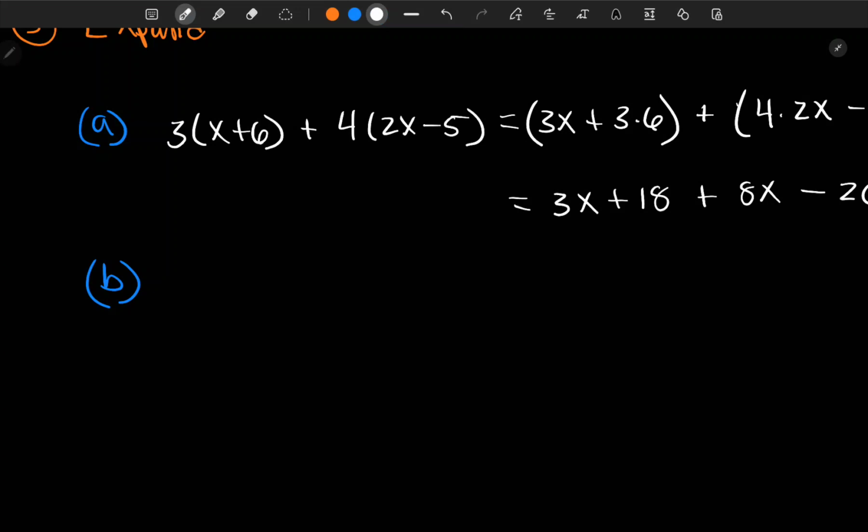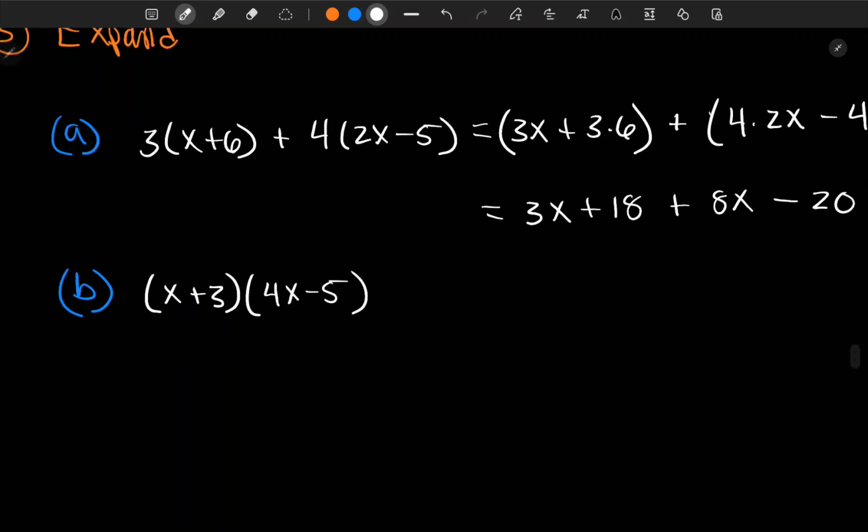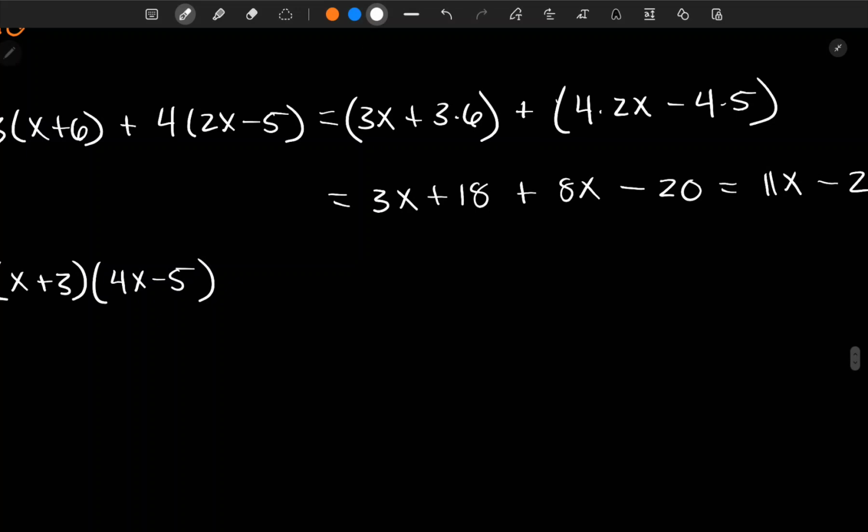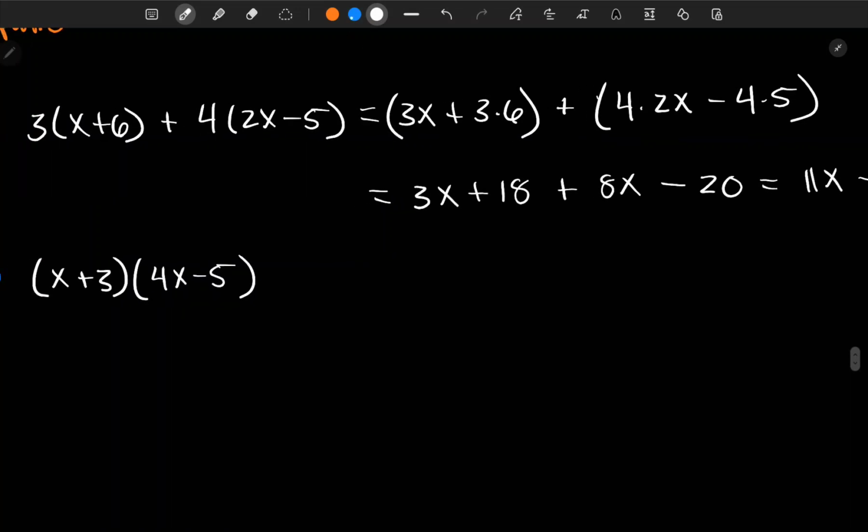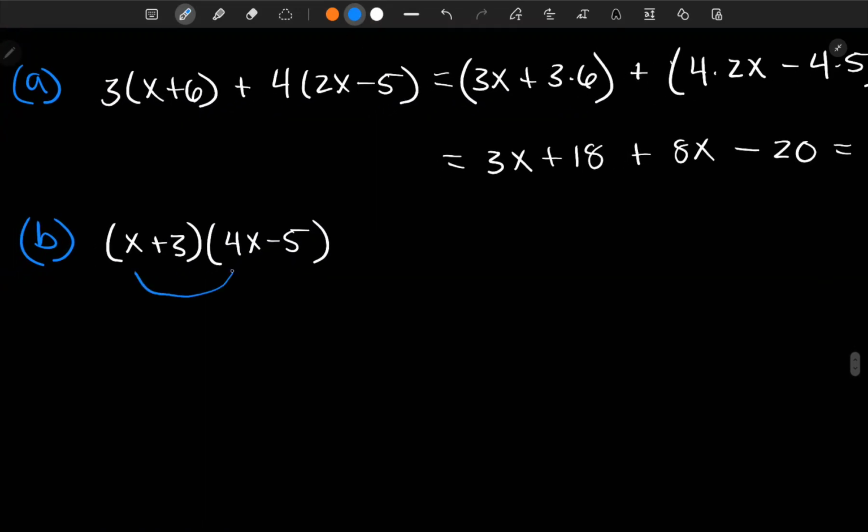Next, given the expression x plus 3 times 4x minus 5, you should be able to say, well, firstly, you do x times 4x plus x times negative 5.